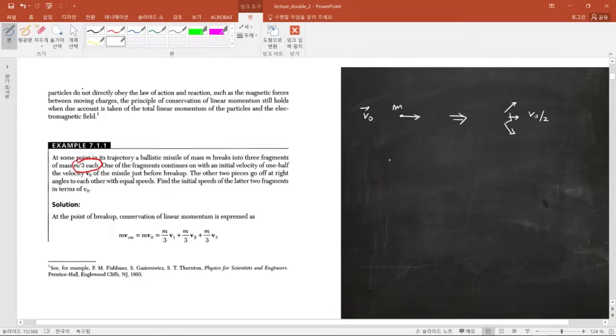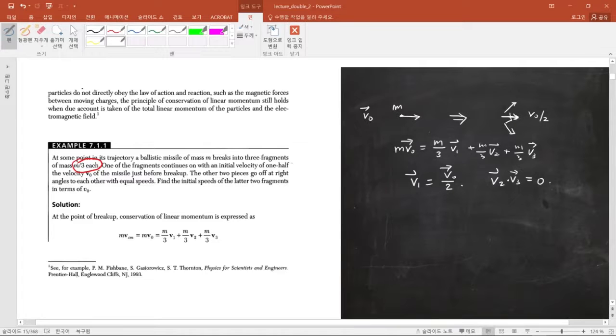Since this is an isolated system, you can use momentum conservation, with equal mass for the three segments. Let's call this segment's velocity V1 to be 2V0, and V2 and V3 are perpendicular, so V2 dot V3 is equal to 0. That is the condition.